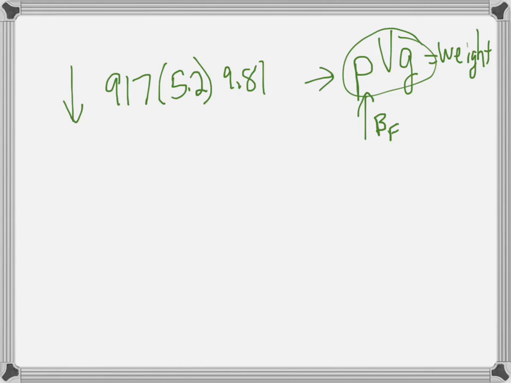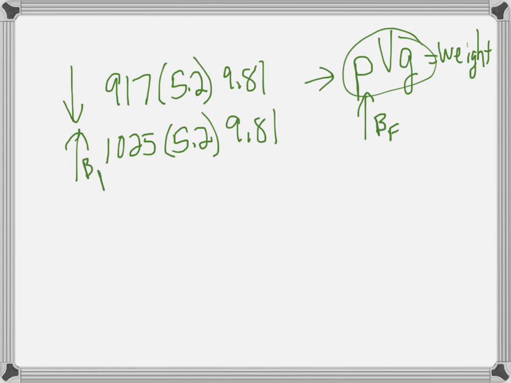And then we can figure out the buoyant force, which would be the weight of the water being displaced. So that would be taking 1,025, the water, times the same volume, 5.2, times 9.81, and that would be our upwards force, buoyant force.